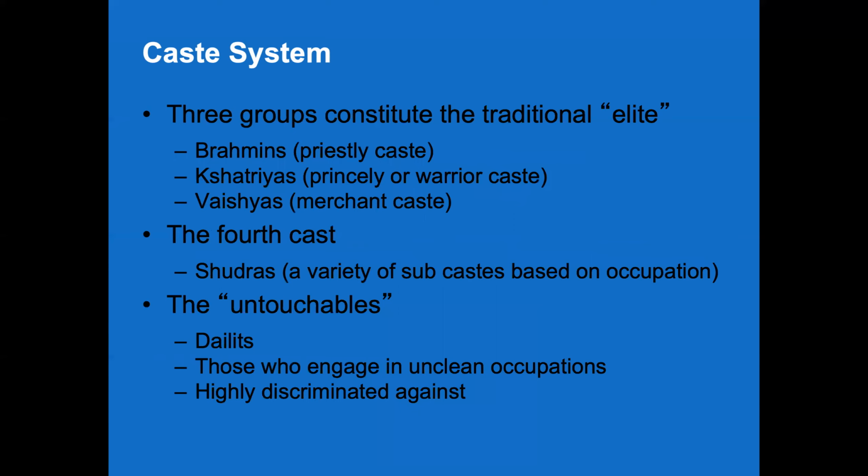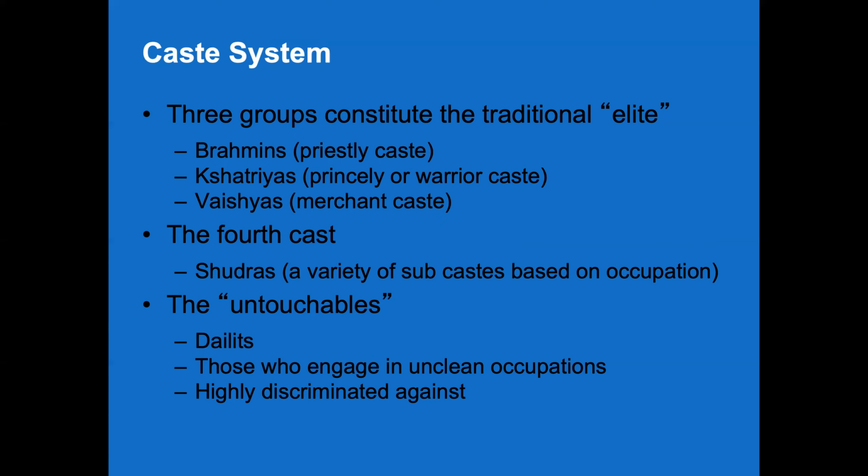So there are three groups that are the traditional elite: the Brahmins, the Kshatriyas, and the Vaishyas. There's the fourth caste, which is a subcaste based on occupation, the Shudras. And then there's this other caste, the Dalits, the so-called untouchables.